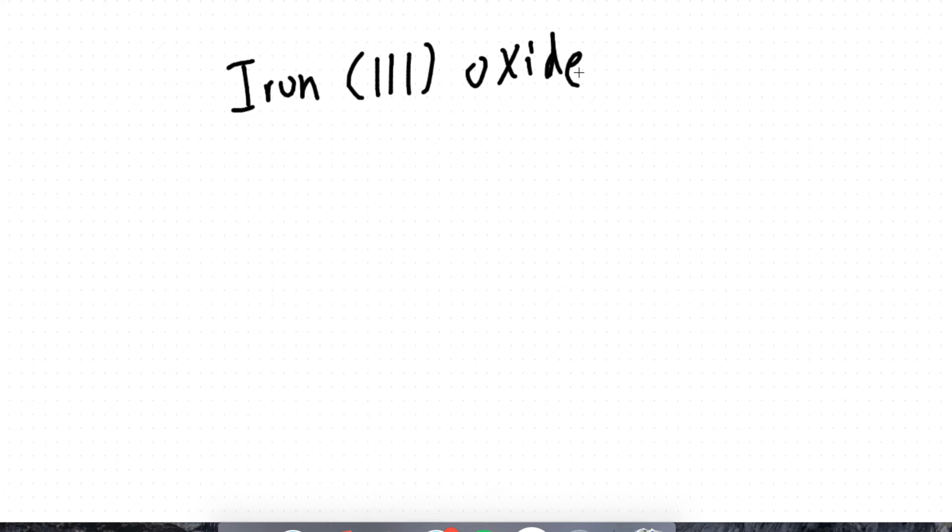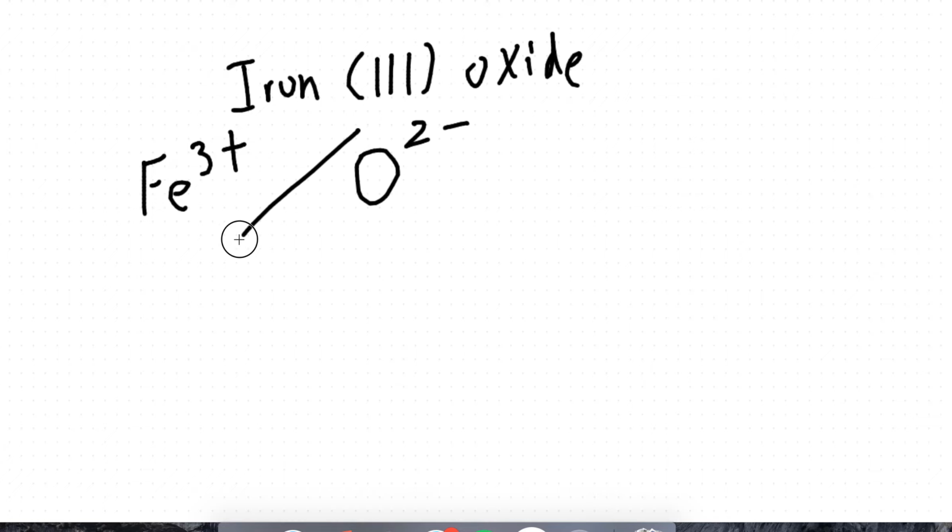Iron can be iron(II) oxide or iron(III) oxide. So the fact that it's iron(III) means that it's going to be Fe3+. You know it's going to be plus because iron is a metal. All metals are positive and are plus. All non-metals are negative in the ion form. Oxide, we talked about just now, is O2-. Cross multiply, Fe2O3. So this is how you form compounds.